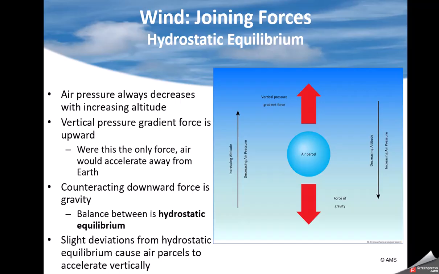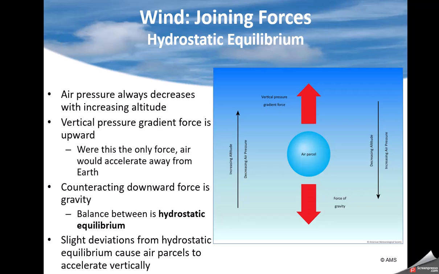You're at the Earth surface, 150 millibars up is about 1,500 meters. Not even a mile. And the pressure has dropped 150 millibars. If I drop the pressure 150 millibars in a horizontal gradient, I got a tornado. So why aren't all the air parcels trying to shoot out away from Earth? Because gravity is balancing them.